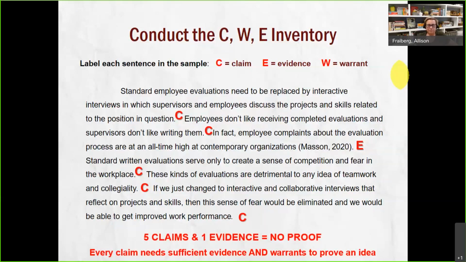Are you seeing how this isn't working out? This is just a stack of claims with 1 poor little piece of evidence sitting in there. It's like the International House of Claims. This would be the star breakfast at the International House of Claims.